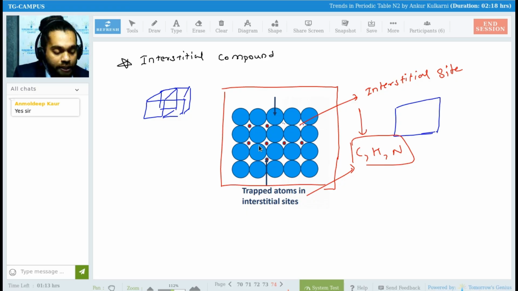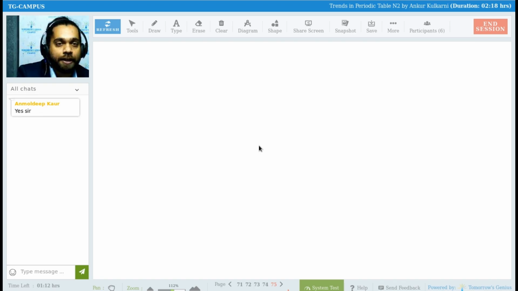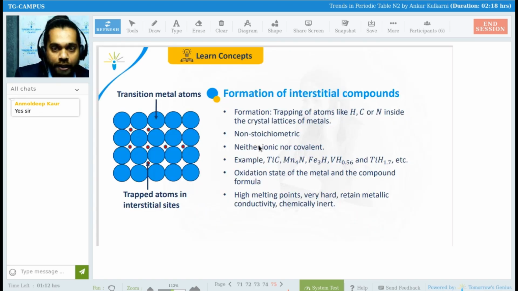Only carbon, hydrogen, or nitrogen generally fit in that interstitial site. So basically what happens is they get trapped in that interstitial site.